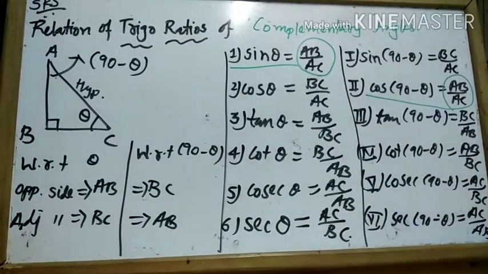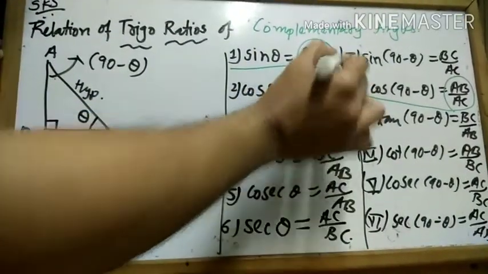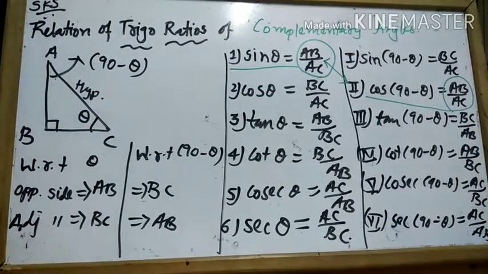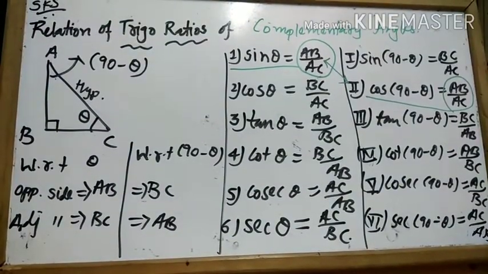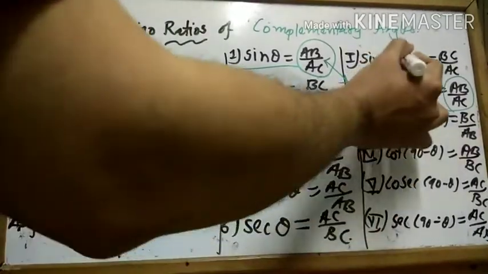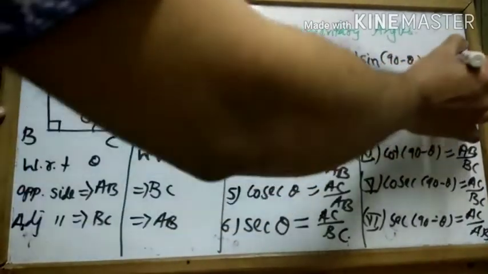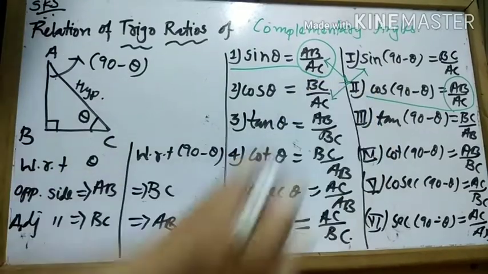AB upon AC. These two ratios' values are the same. Now the screen is in front of you. We shall see something more. Cos theta's value is BC upon AC. Sin 90 minus theta is BC upon AC. These two ratios are the same.